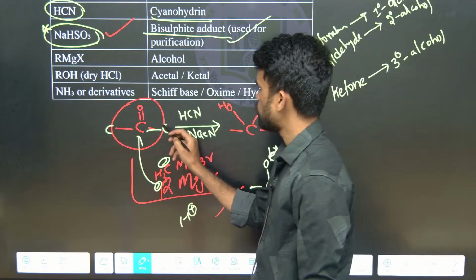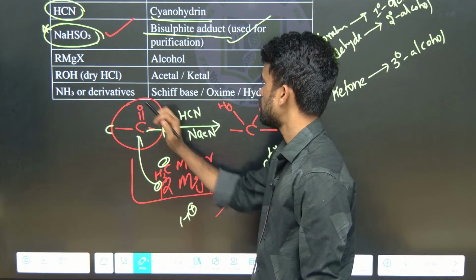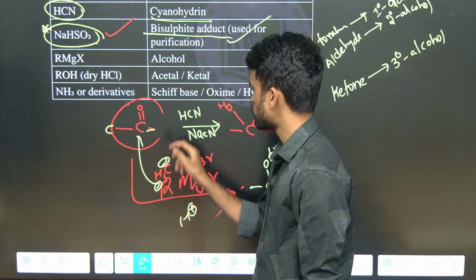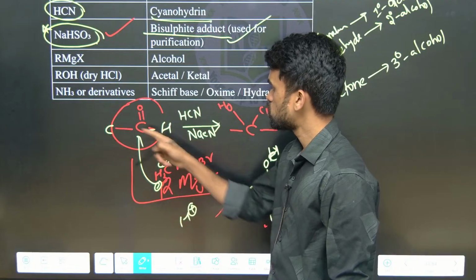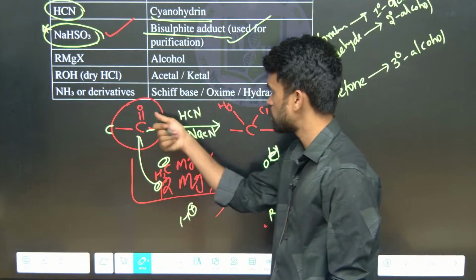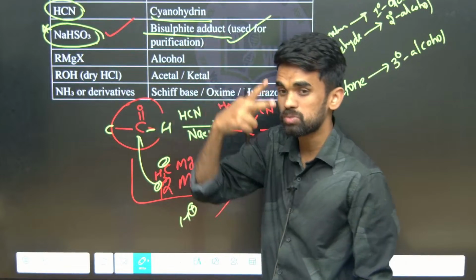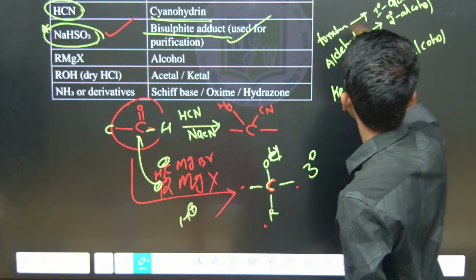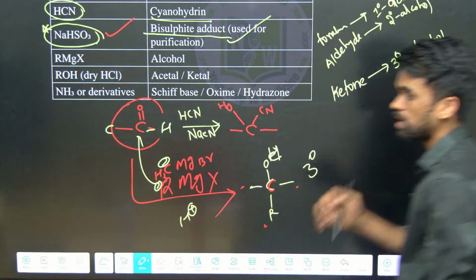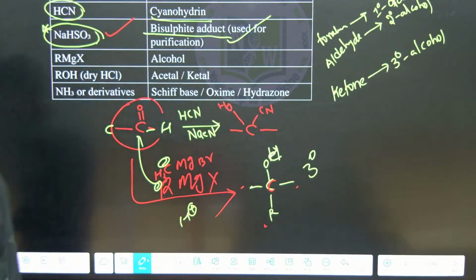Let us say it is an aldehyde: here one hydrogen is there and 1 carbon is there. We are newly adding 1 more carbon. So there are 2 carbons in the product along with 1 hydrogen and 1 OH, so 2 carbons means secondary. If it is formaldehyde, you will get a primary alcohol. This is how you need to understand the concept. Is this clear? Clear or not?